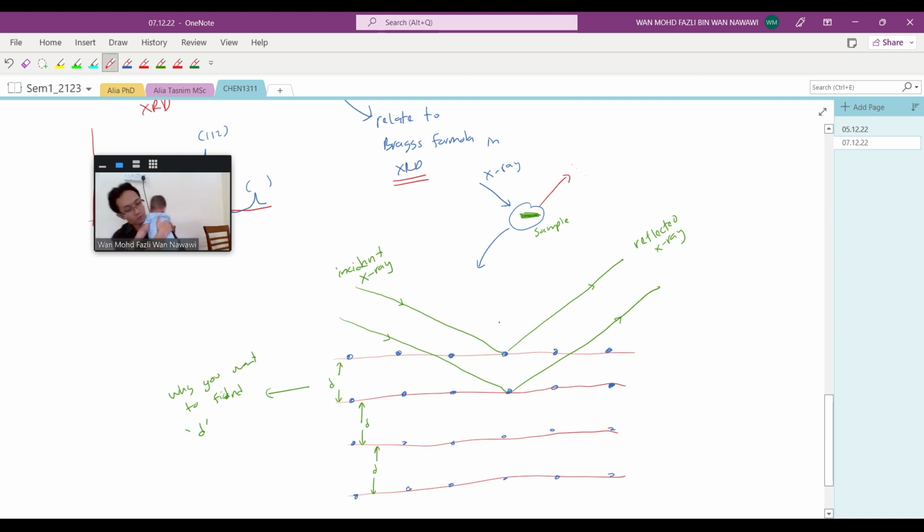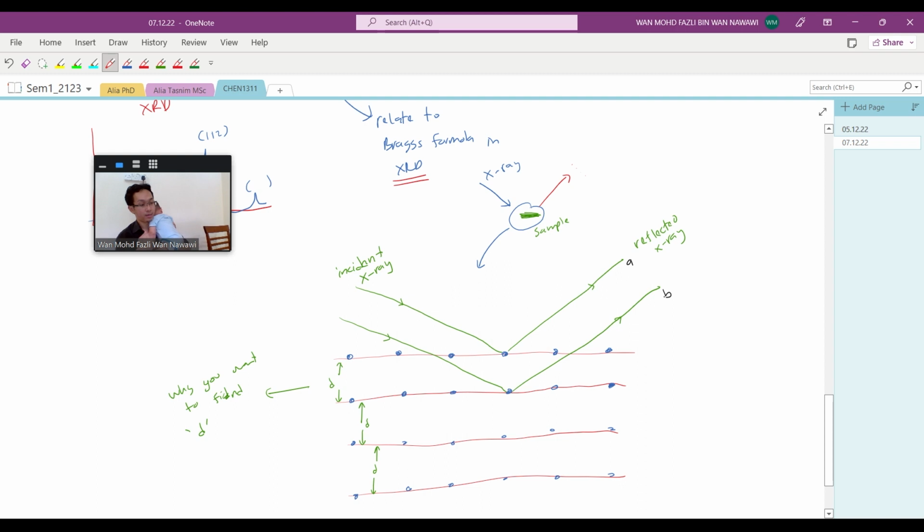If you look at this, let's say I put this A, and then this B. So there are two waves of X-ray. Imagine in reality there are multiple waves, but I just draw two so that it's easier to understand. So they are A and B, and by looking at this, we know that B is longer than A.